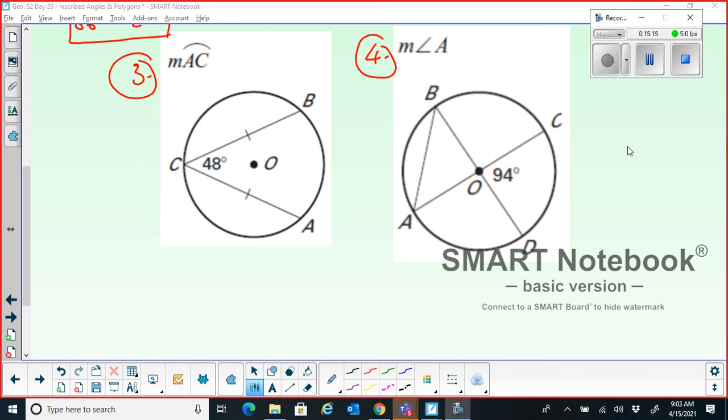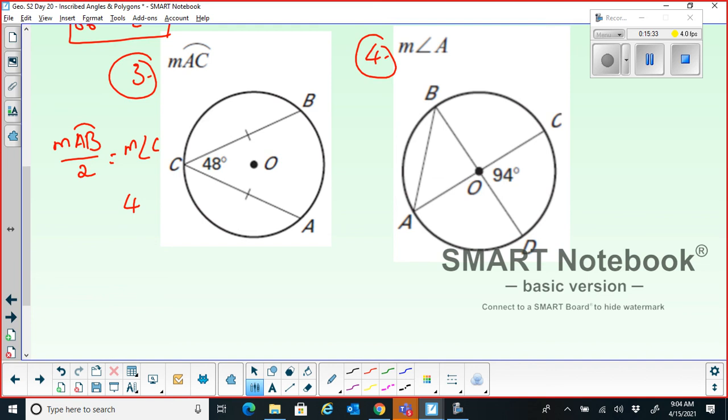Okay, let's go over the solution for each of them. Here, arc AB, we know from the previous theorem, measure of arc AB divided by 2 will be equal to measure of angle C. So we substitute.